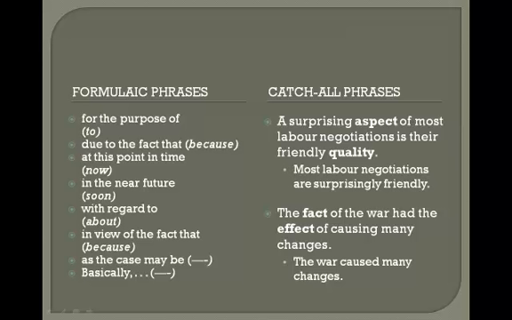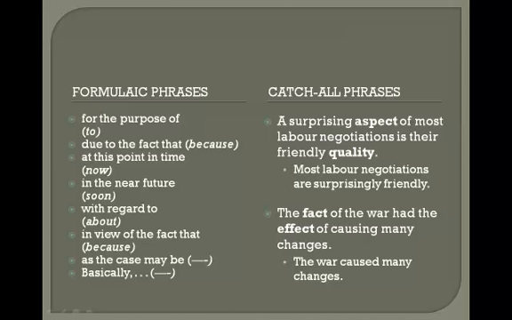Just to draw your attention to the first one, a surprising aspect of most labor negotiations is their friendly quality. I think this is a good example of also burying the key subject or topic of this sentence in the middle. A surprising aspect is kind of this empty phrase at the beginning. We're not quite sure of the subject yet. It's sort of describing the subject.